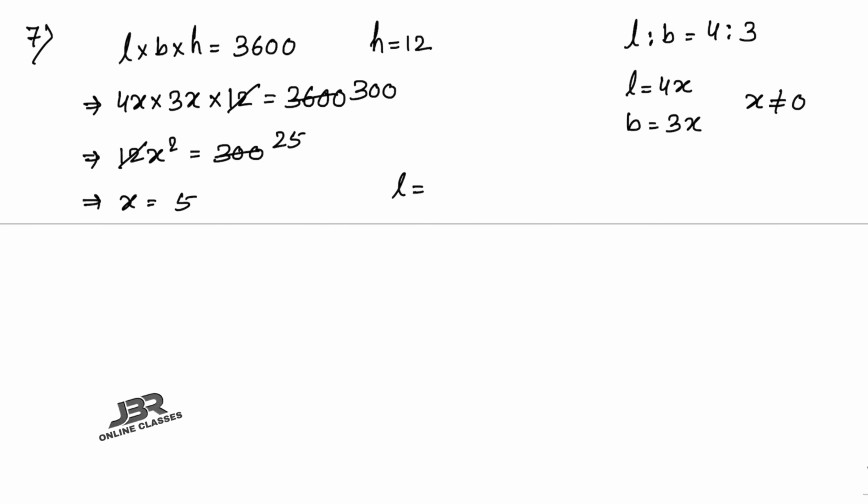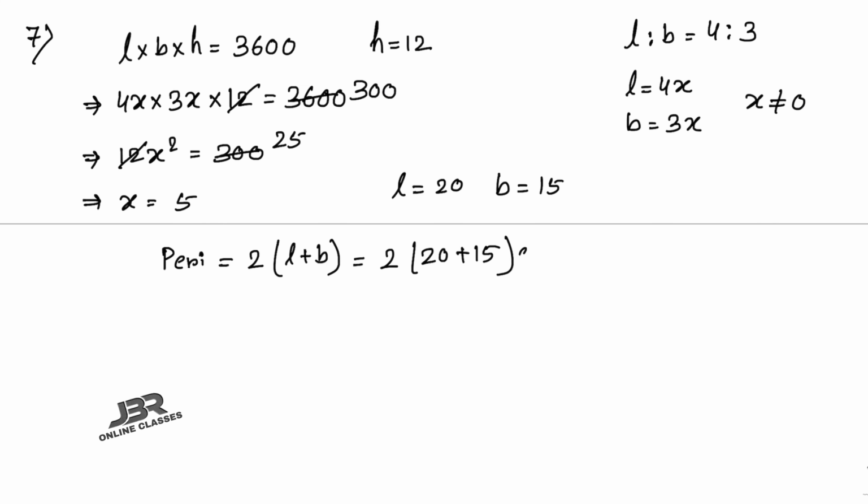So length equals 20, breadth equals 15, 5 threes are 15. Now you have to find out the perimeter. Perimeter means 2 into (L plus B). So 2 into (20 plus 15) centimeter. That means 70 centimeter is your answer.